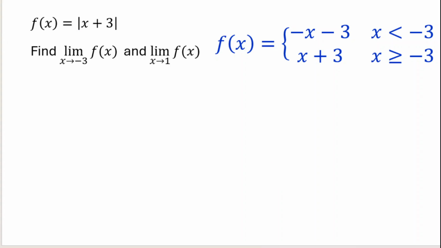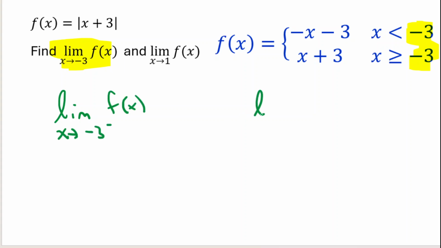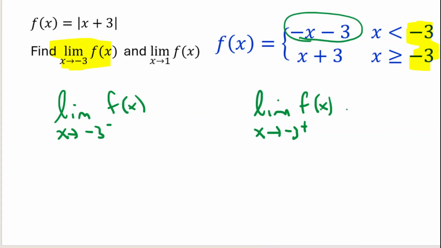So let's first of all evaluate the limit as x approaches -3. And of course, -3 is that interesting one where the function rule changes. So we need to look at both the left-hand rule and the right-hand rule, because there's a different rule. On the left, I'm following this rule, which is a nice polynomial linear function. So when x approaches -3, it'll act as if it's -3.